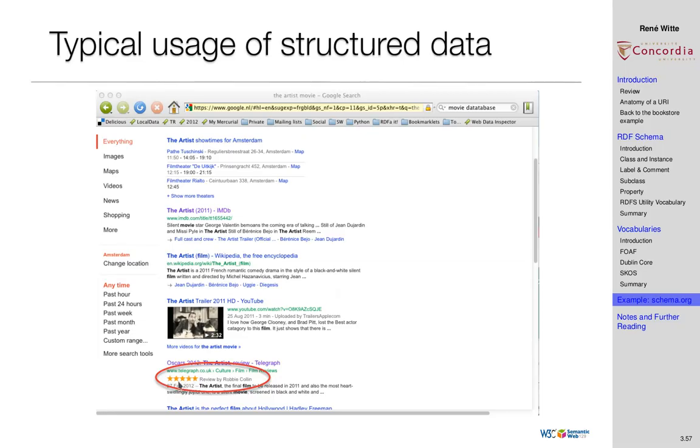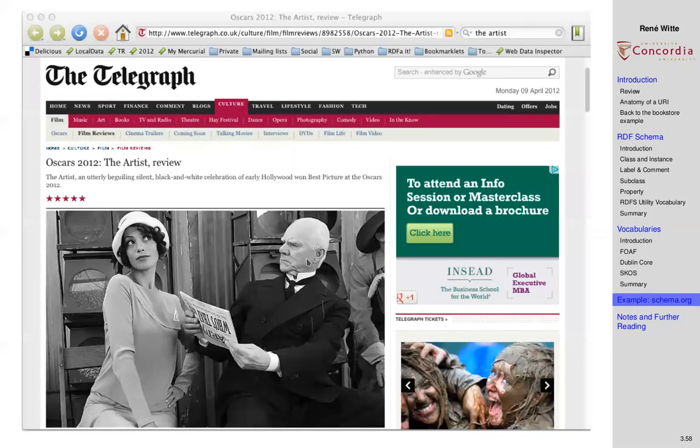Now you might wonder where this is coming from. Is Google doing some fancy natural language processing to analyze the text and then give it a star rating? Well, that's not really what happens. Here's the corresponding page about the movie The Artist, and there's a review. The author gave it 5 stars.